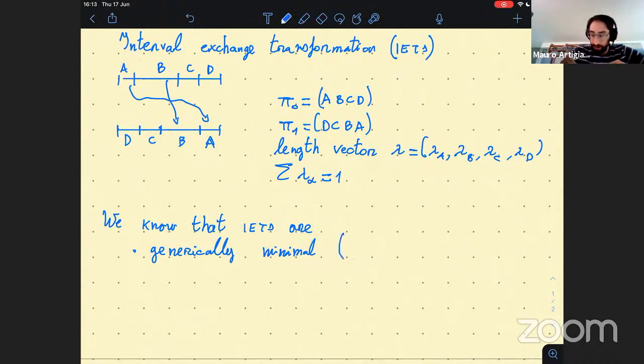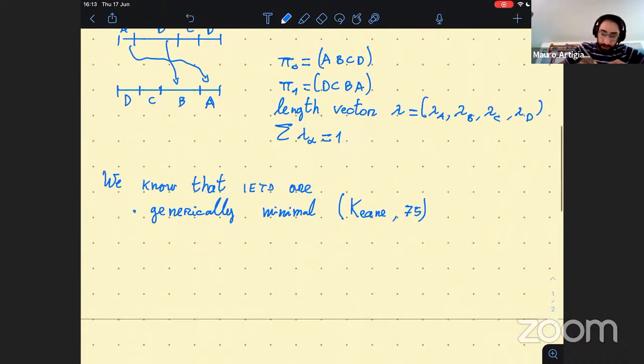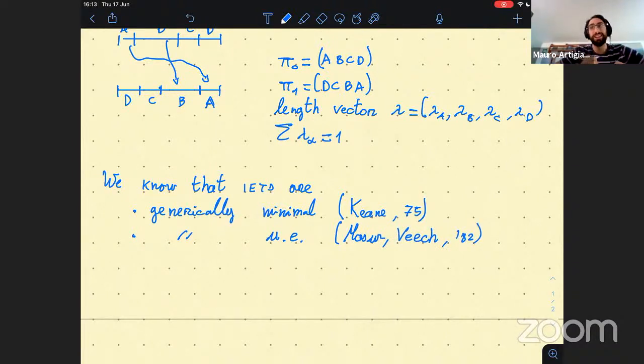This was proved by Keane in 1975. Then we also know that generically they are uniquely ergodic. This was called the Keane conjecture and was proved independently by Masur and Veech at the same time in 1982. Their papers came out one after the other in the same volume of the Annals.